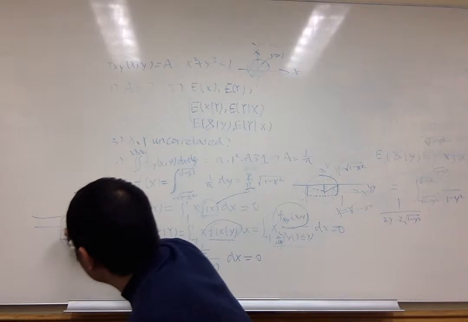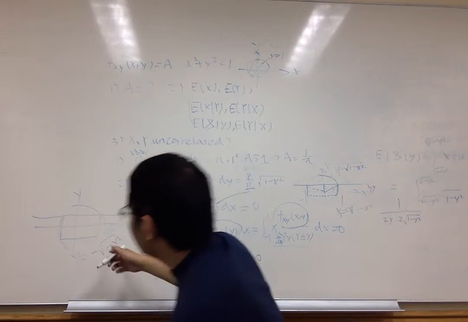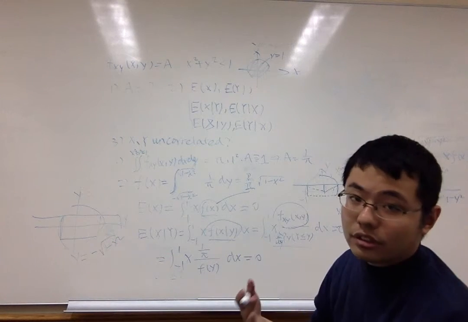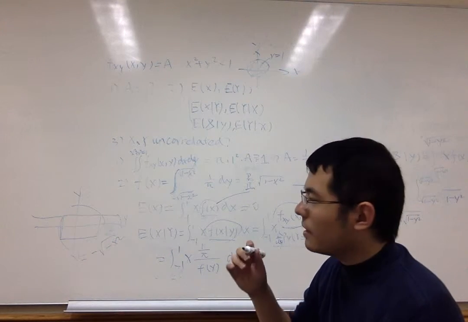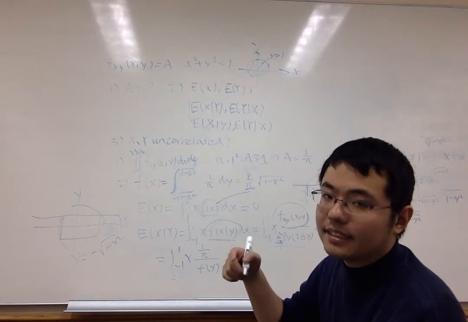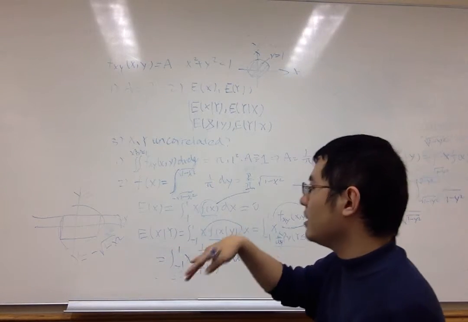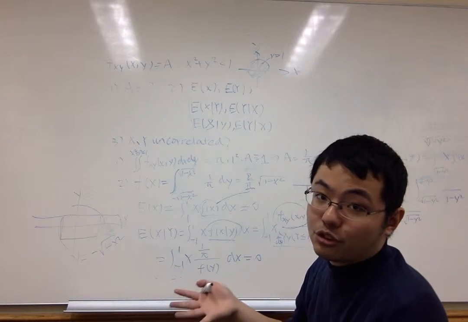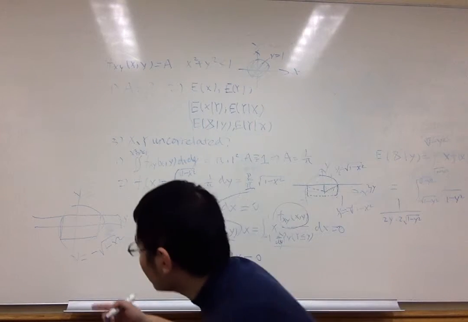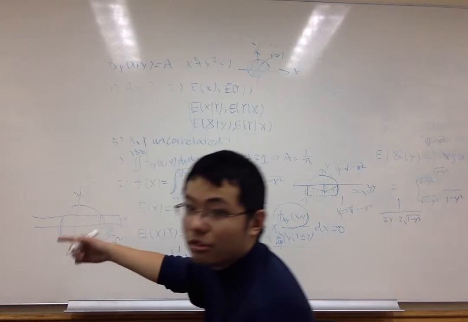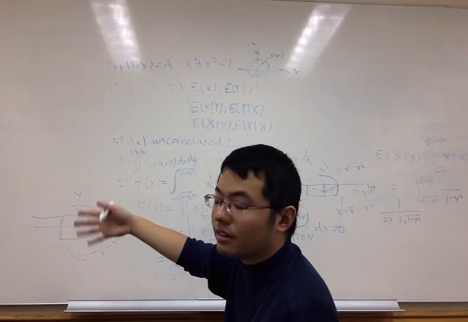I think that's not easy to imagine. So the density function of x is still a uniform function, but its region has shrunken. It used to be in a circle.